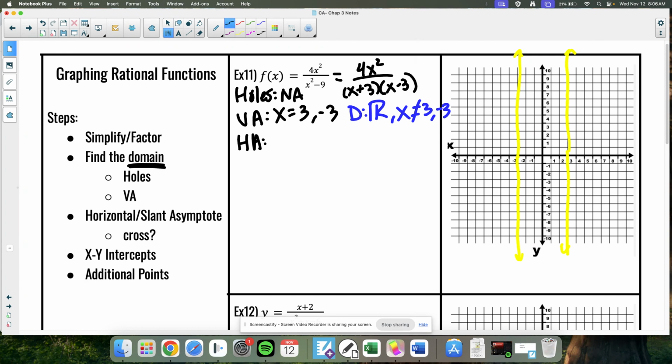If you flip back a page, exponents are the same. What does that DC mean? Divide your coefficients. So this is a 4, this is a 1. What's 4 divided by 1? When your exponents are the same, you divide your leading coefficients, and that will be where your horizontal asymptote is. So horizontal asymptote, we also have one up at 4.